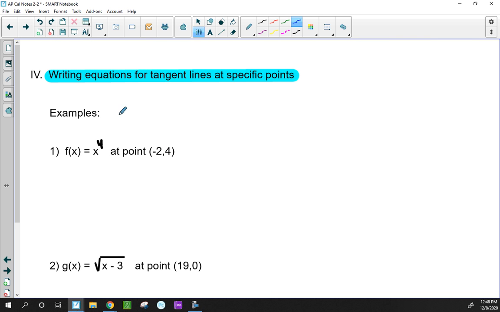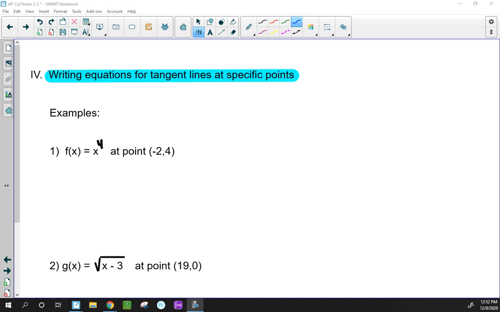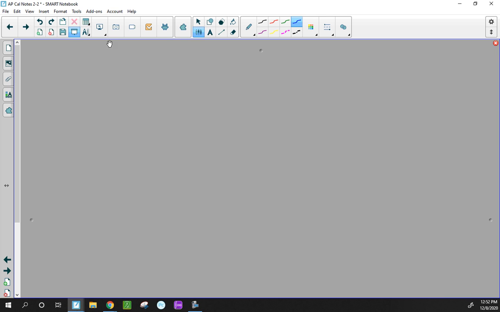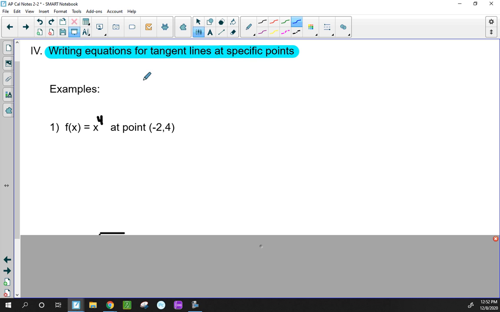Okay, the next thing we're going to do is take a look at writing equations for tangent lines at specific points. We have an example here. F of x is equal to x to the 4th at the point -2, 4. The first thing you want to do, remember, is think about the equation form.